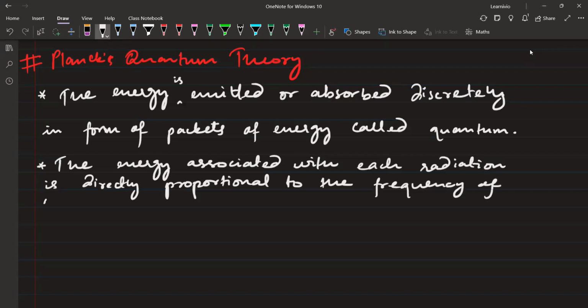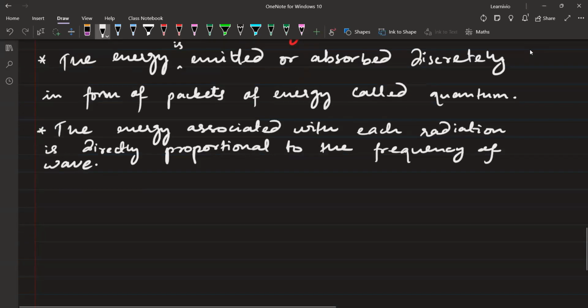So energy is directly proportional to nu, that is the frequency.